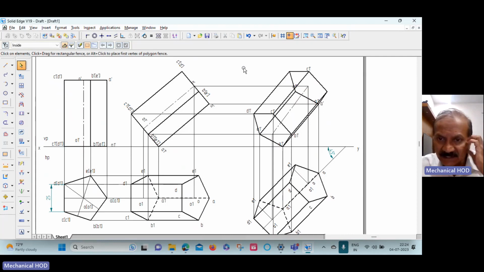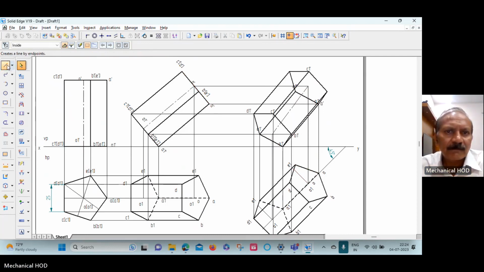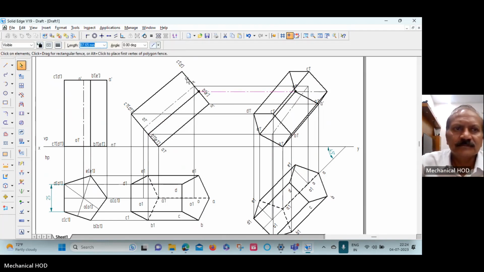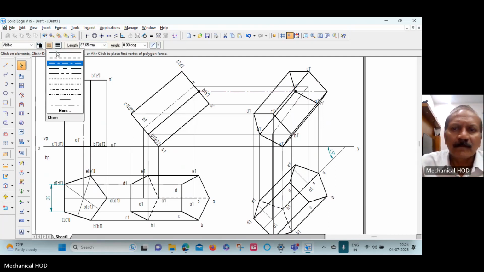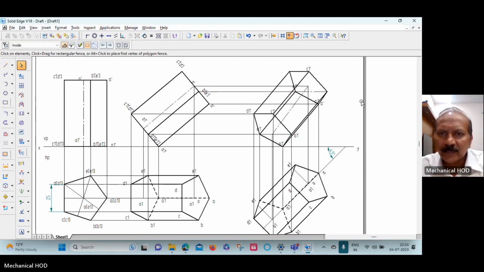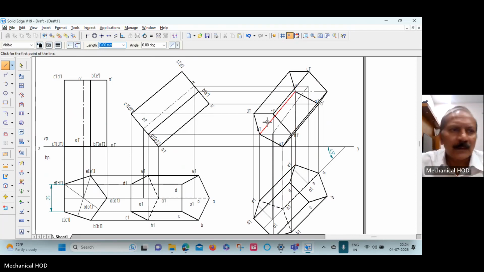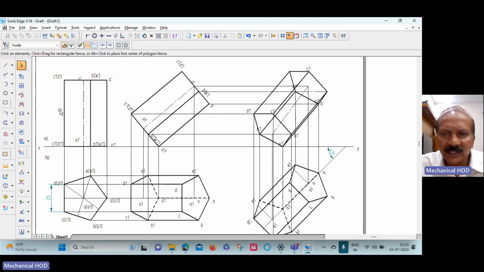Now what are the hidden edges? The lines passing through E, E should be hidden. Where is E here? This is E. So three lines passing through E should be hidden.